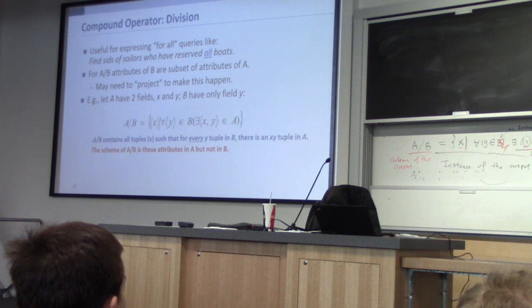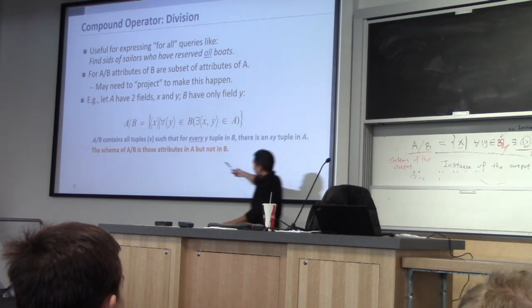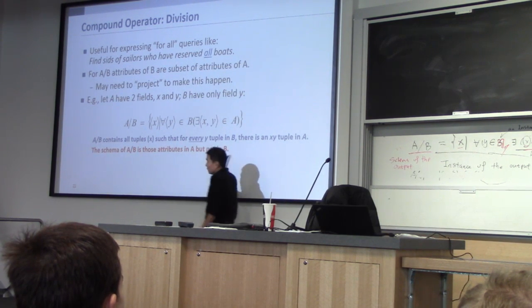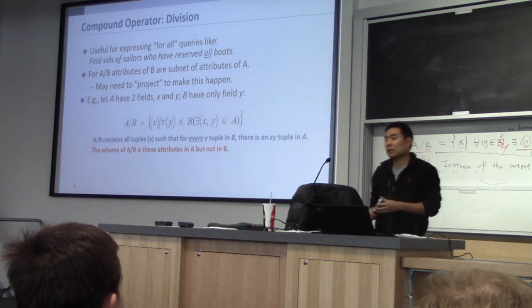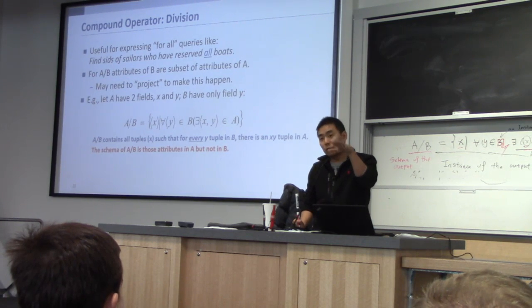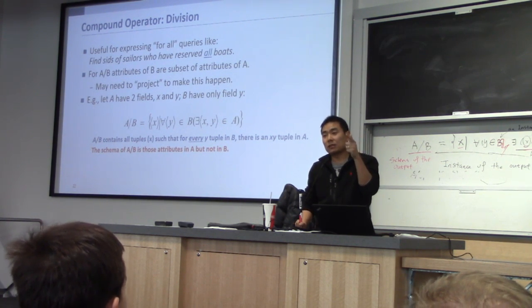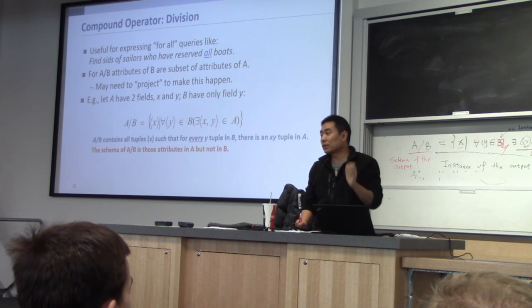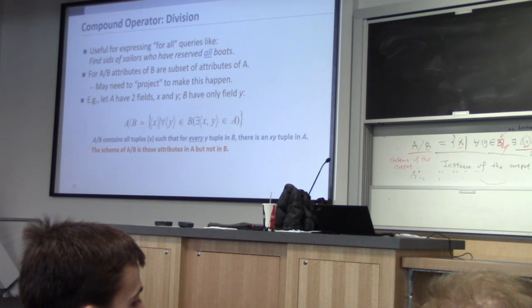So that means the output schema of A divided by B is those attributes in A but not in B. That's clearly reflected from our discussion so far. The next thing is, can you express division using basic operators, using selection, projection, cross product, union, and difference? That's what I'm going to do next.